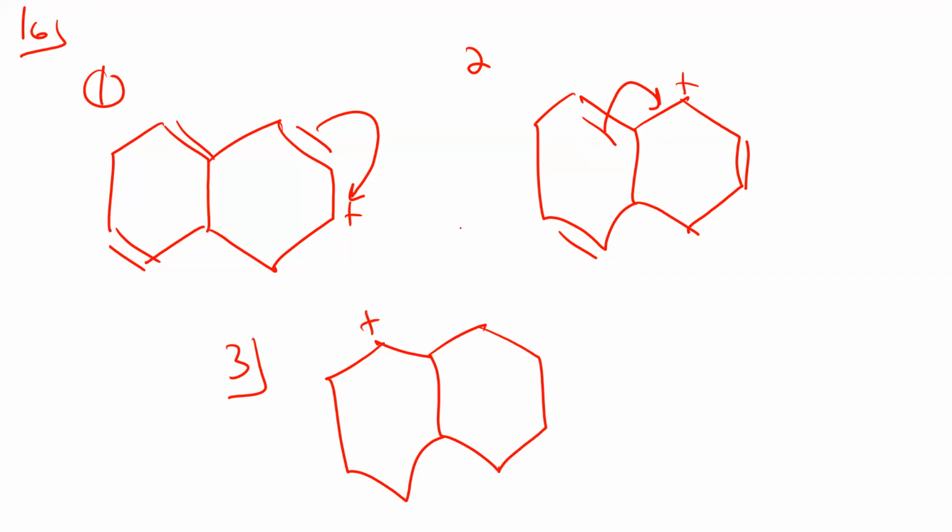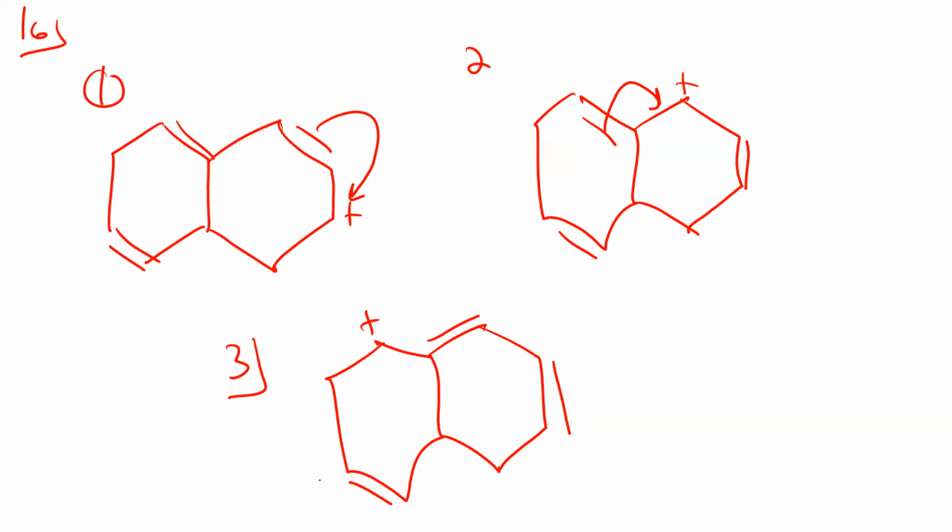So we just moved the charge, and you could do the reverse to go back. Notice though that this double bond right here doesn't participate in the movement of that cation charge. Okay, erase that. So that was 16.